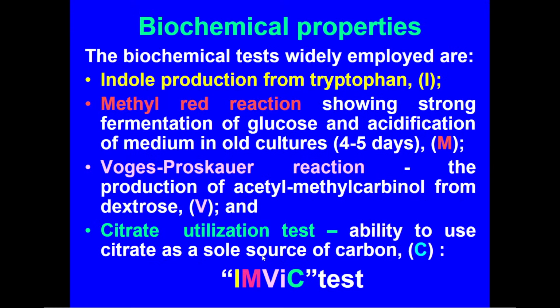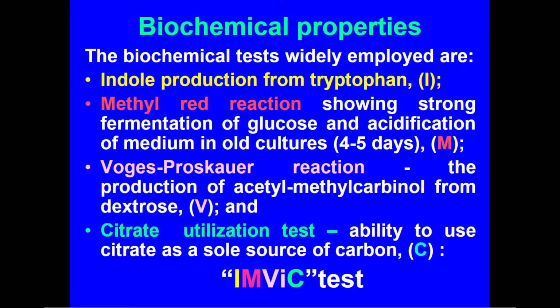So what biochemical properties are important? Usually we have 4 tests that are initially used for rough identification of Enterobacteriaceae into several groups, okay?